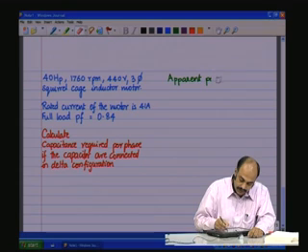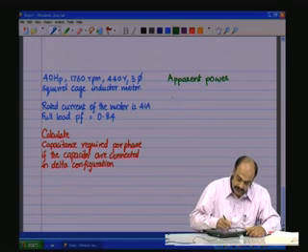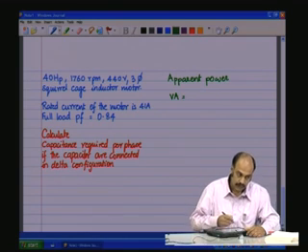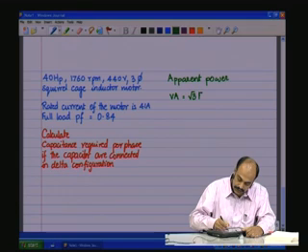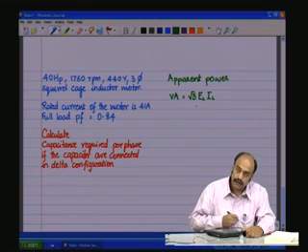The apparent power VA under full load conditions is given by VA equals root 3 into line voltage into line current.